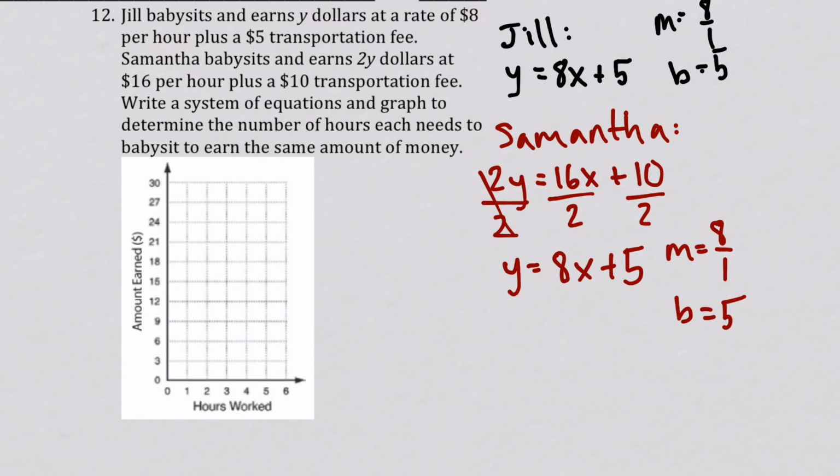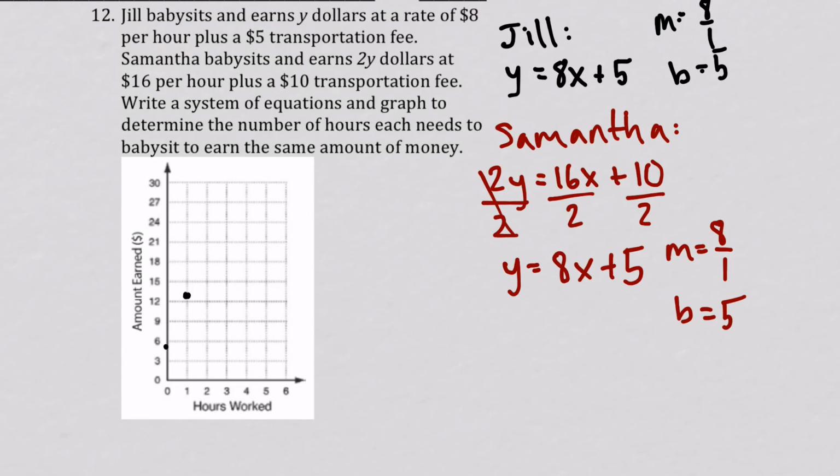So if I graph that, for Jill, I begin at 5, which is approximately right here, below 6. And the slope is 8 over 1, so I'm going to go up 8 and to the right 1. So from 5, going up 8 is going to be all the way up to 13, and to the right 1, so somewhere around here.